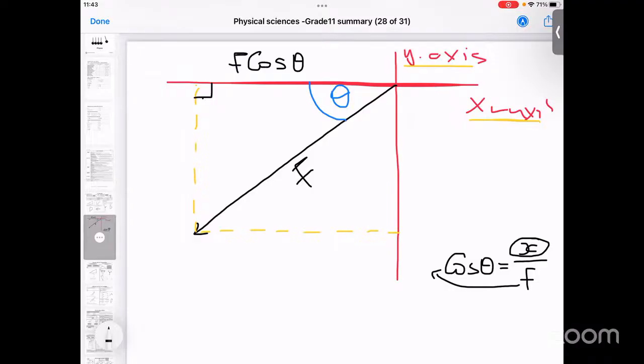And then it is obvious that the vertical one will be F sine of the angle, because it is the side opposite that angle. So in this way, that's how you would resolve. Very much important.